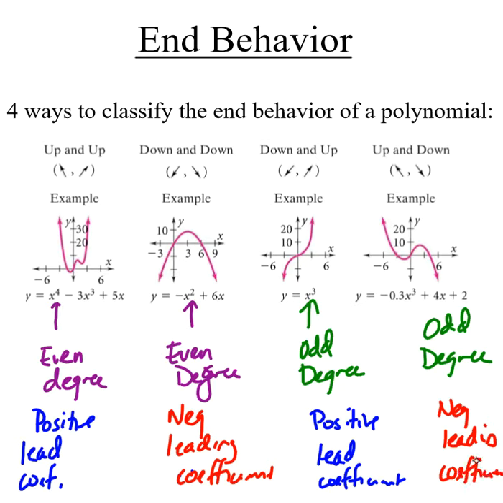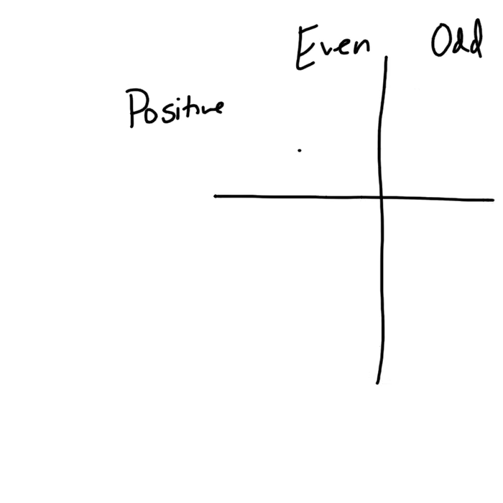Okay. Another way to organize the same information would be to say even and odd, positive and negative. Even and positive is up, up. Even and negative is down, down.